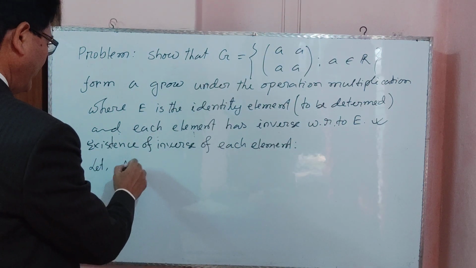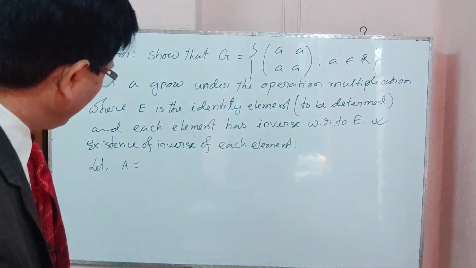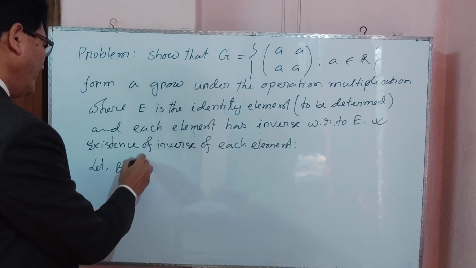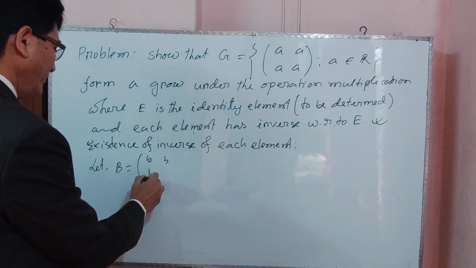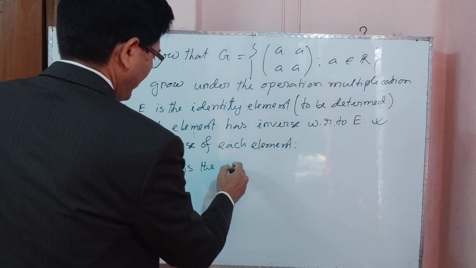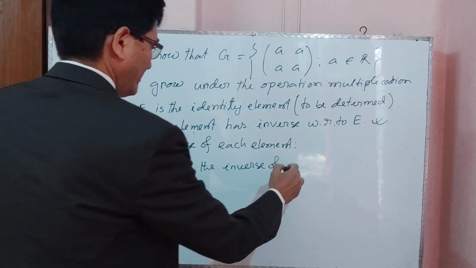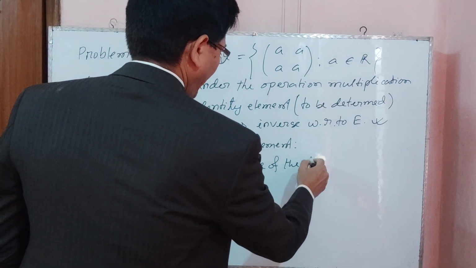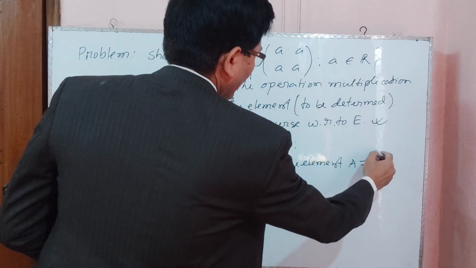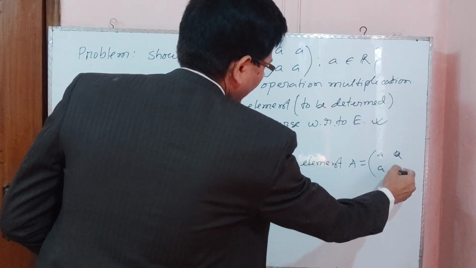Let B equal [B, B; B, B] be the inverse of the element A equal [A, A; A, A].